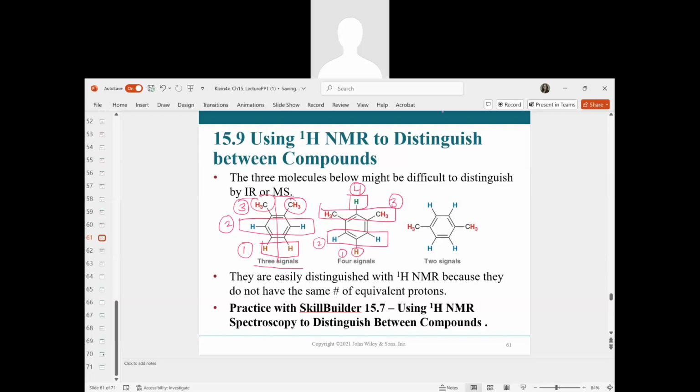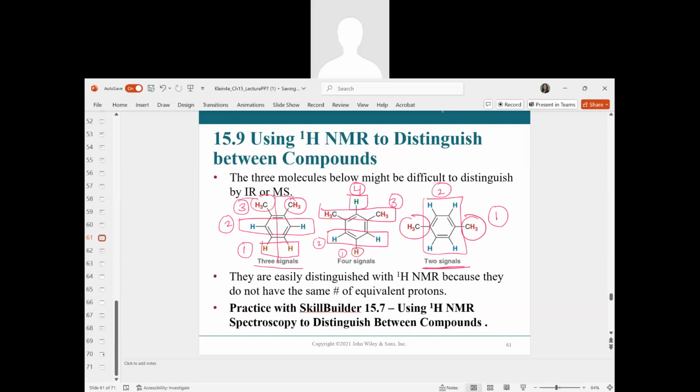Now we have the most symmetry within this molecule here, and we would actually produce only 2 signals. These 6 protons would produce the first signal, and then these 4 produce a second signal.